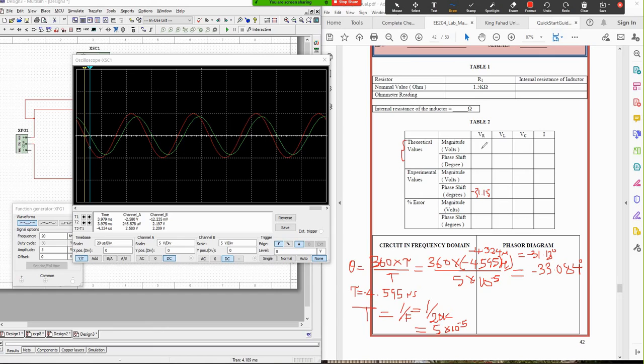What is the magnitude? To find the magnitude, watch out. You have to click on the green one because you are interested in the green one, and you shift the second one, which is this. You shift this, the T2.